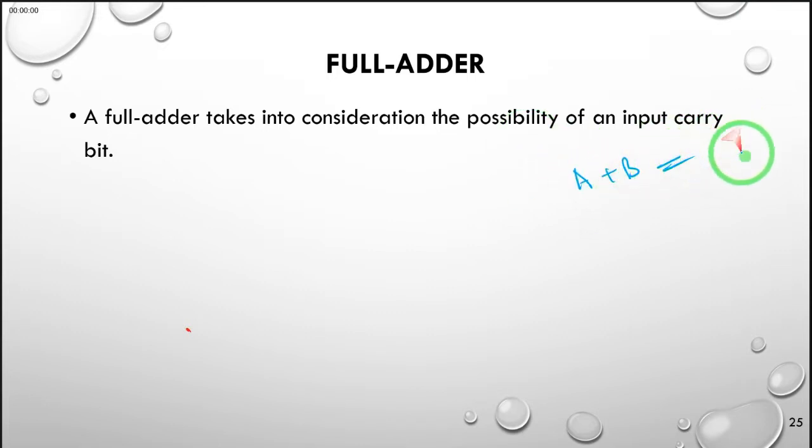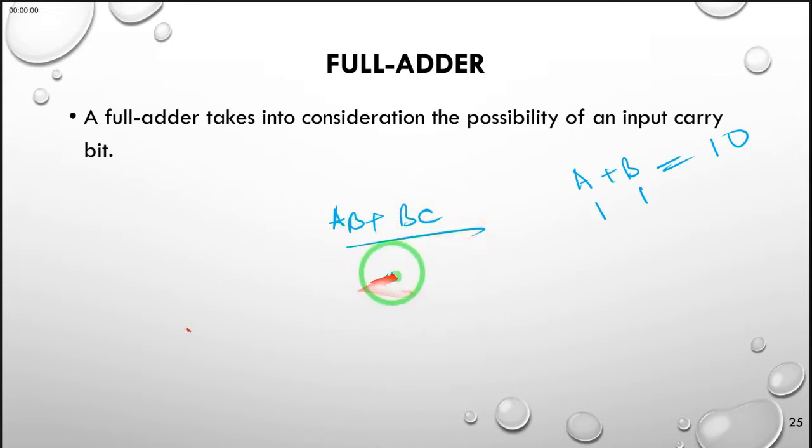We normally say that the answer would be 1, 0, for instance, if this one was 1 and this one was 1. But assume we wanted to add numbers such as AB plus BC, where AB is 1, 1 and BC is 0, 1. What happens?